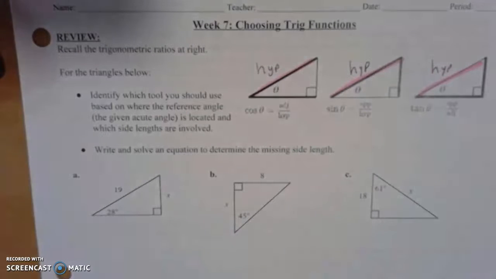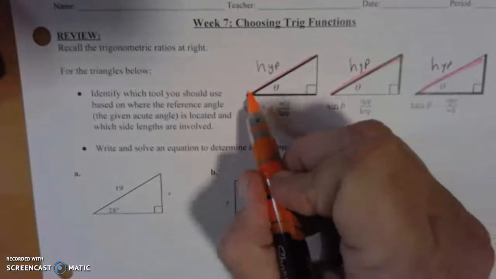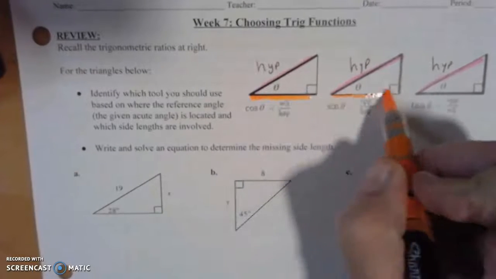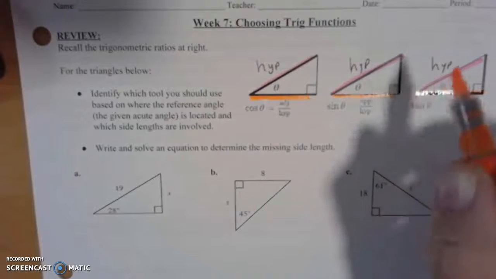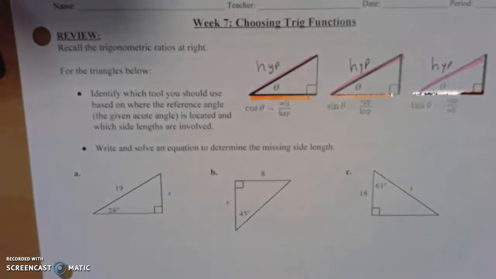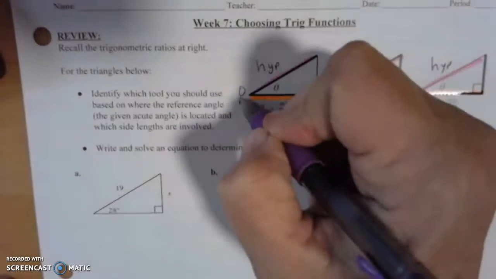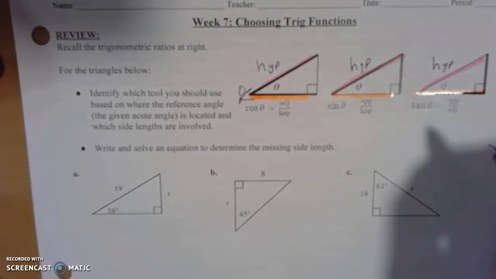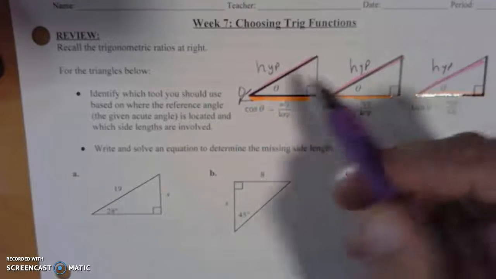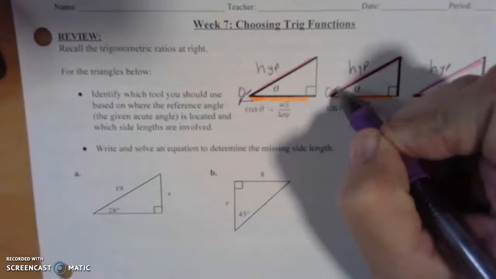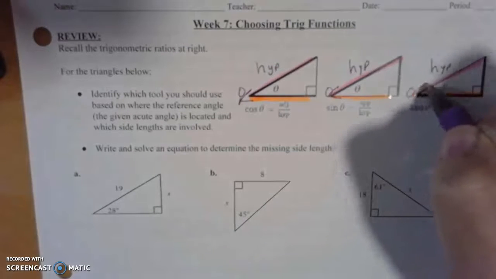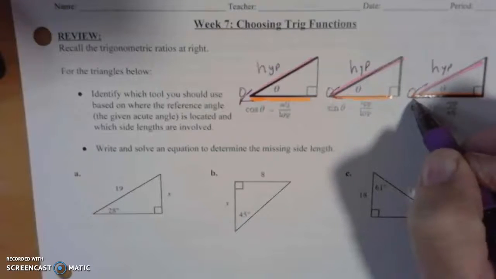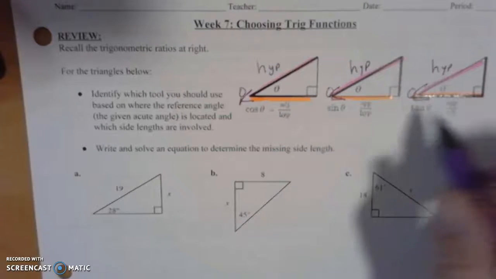And then we have the adjacent leg, adjacent leg, adjacent leg. If I'm standing right here, notice I talked about using my arms for the reference. The arm is always going to touch the hypotenuse and the adjacent leg.